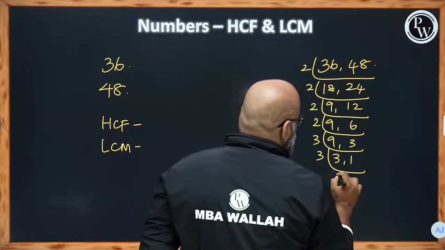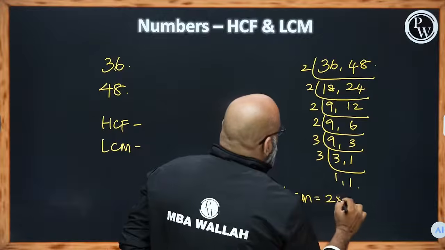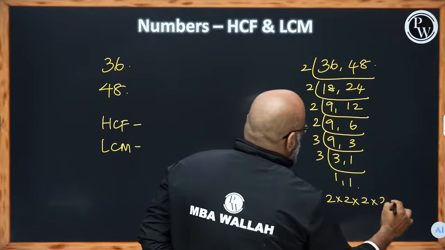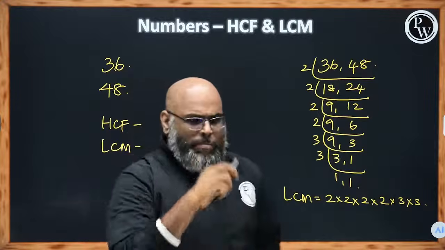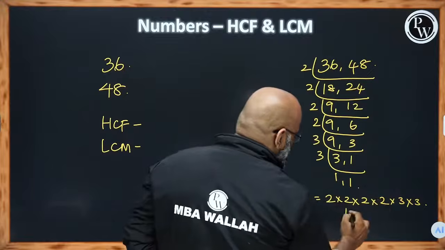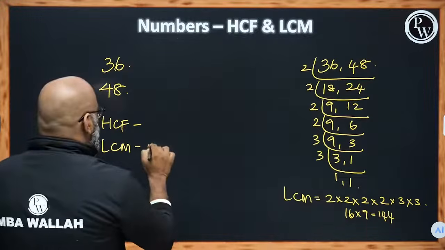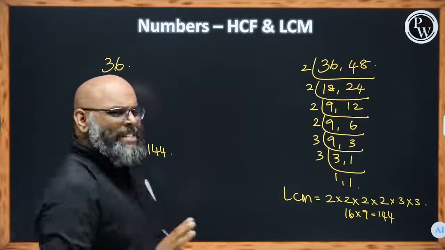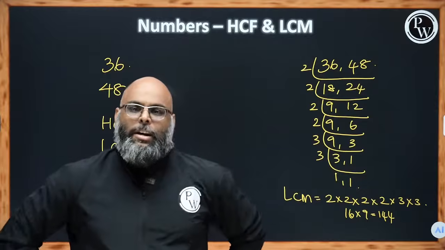Again by 3: 1, 1. So LCM is equal to 2 into 2 into 2 into 2 into 3 into 3, which is 16 into 9. That's how we did it. In case you have forgotten this, there's a conventional way of finding the LCM.